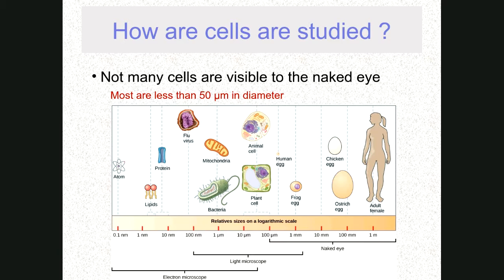Therefore, anything we are seeing under the microscope is magnified 1,000 times. Less than 100 nanometers, we cannot see under a light microscope, like some proteins, some lipids. So we use a different kind of microscope, which is an electron microscope that doesn't use light as a beam, but uses electrons.